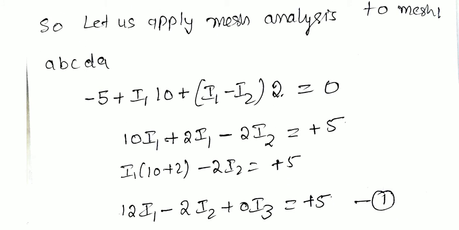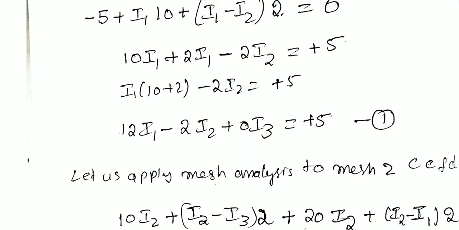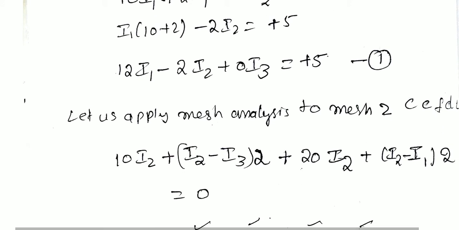After simplifying, it will be 12 I1 minus 2 I2. Here there is no I3 term, so in the standard way we write 12 I1 minus 2 I2 plus 0 into I3 is equal to 5 volt.